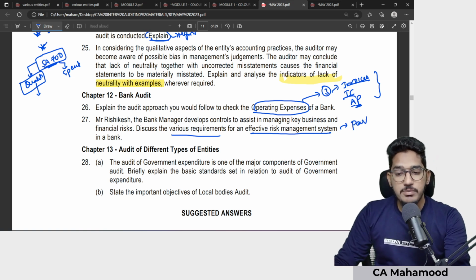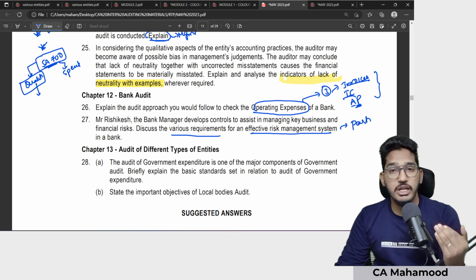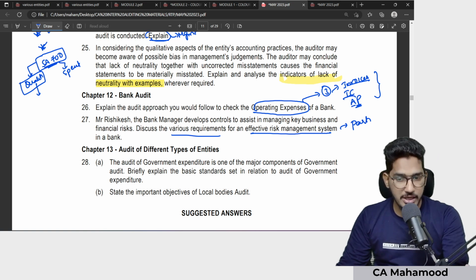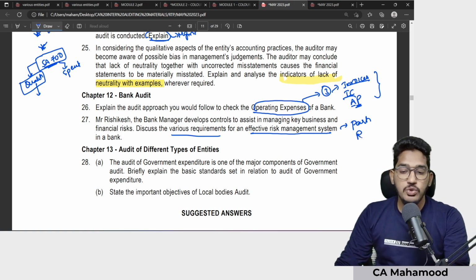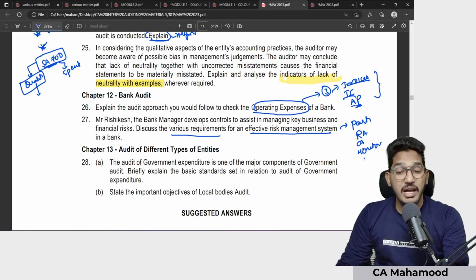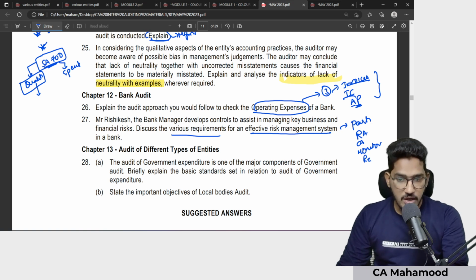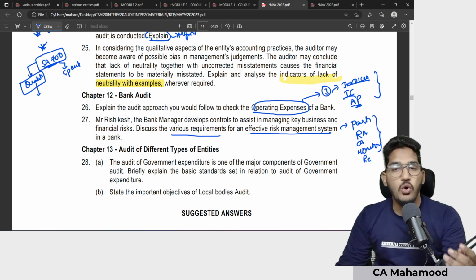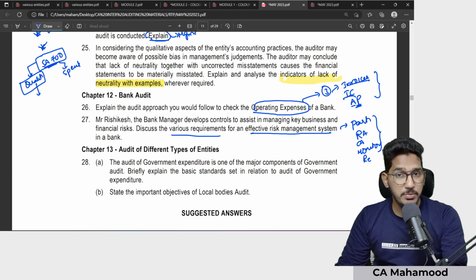The risk management system should involve approval of the top level management, like those charged with governance. The entity should do a risk assessment. There should be control activities. Monitoring also should be there. And finally, there should be reliable information systems.